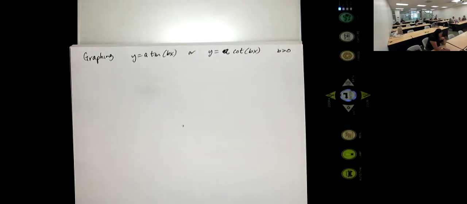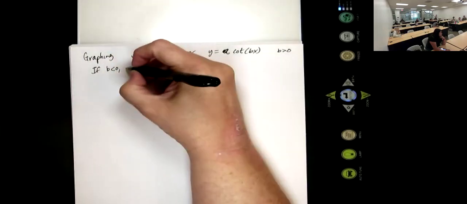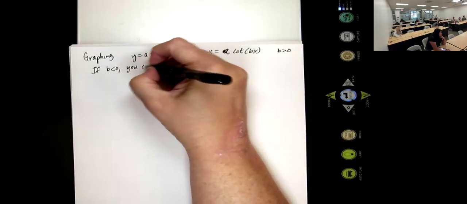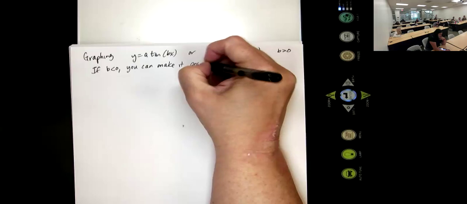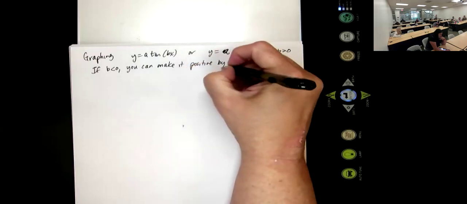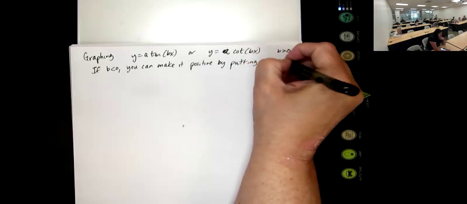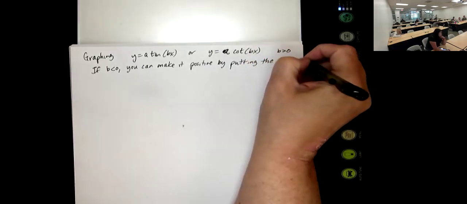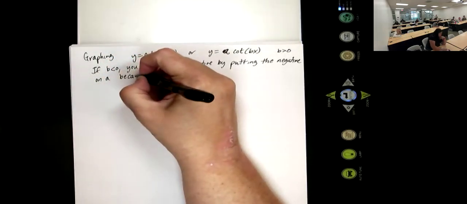If b is negative, we put the negative out front, because these are odd functions. You can make it positive, putting the negative out front, or I'll say on A, because they are both odd.